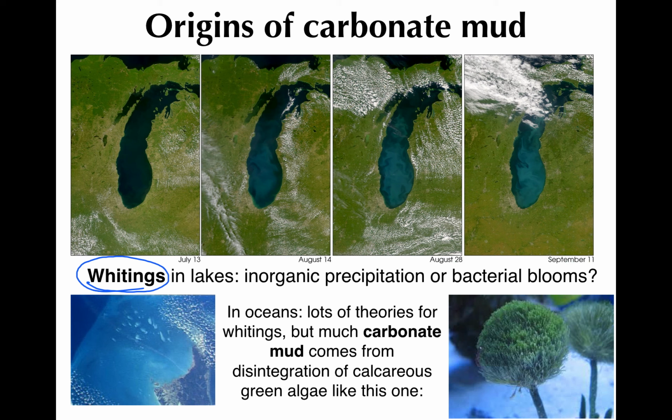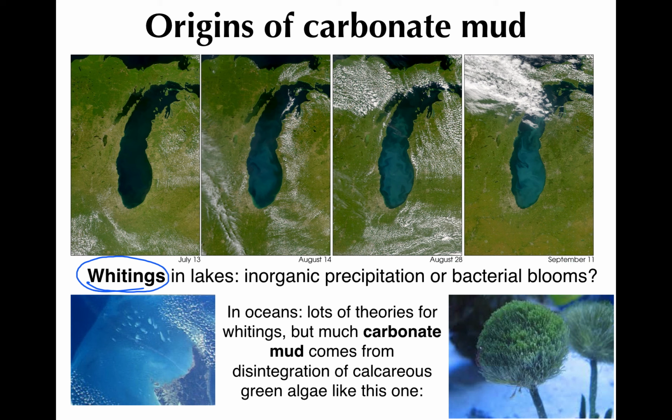It's unclear just how much mud, if any, is produced by direct precipitation from water, although it's theoretically possible and even probable that this happens. Documented cases of spontaneous precipitation of carbonate mud from water always seem to have another cause.